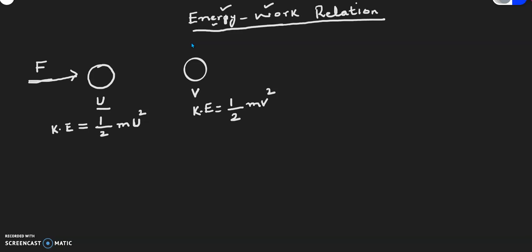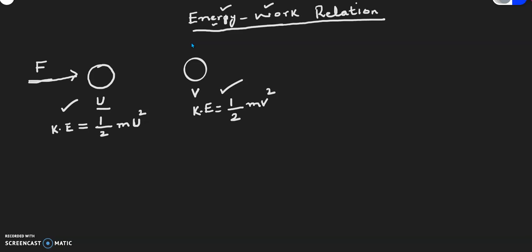So what is the increase in the kinetic energy? This is the final kinetic energy and this is the initial kinetic energy. So the increase will be the final kinetic energy minus the initial kinetic energy.